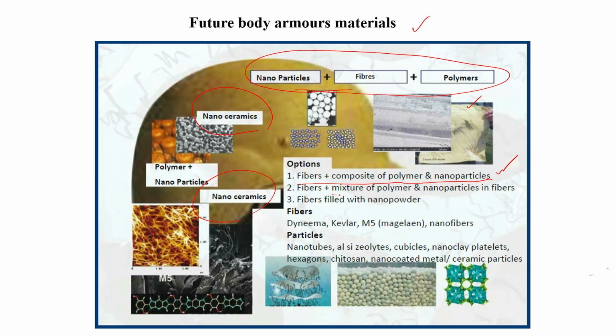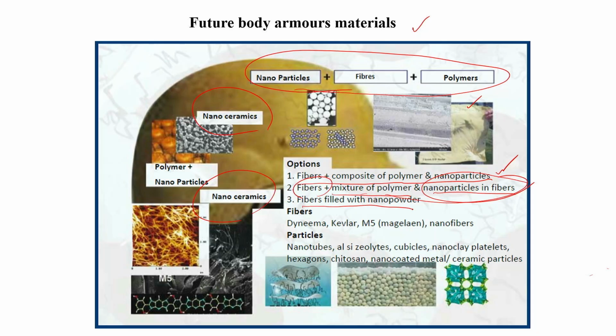So, fiber with a mixture of polymer and nanoparticles, that also you can use here. In fibers we use the nanoparticles, and a mixture of polymers we can use. Fibers filled with nanopowder.